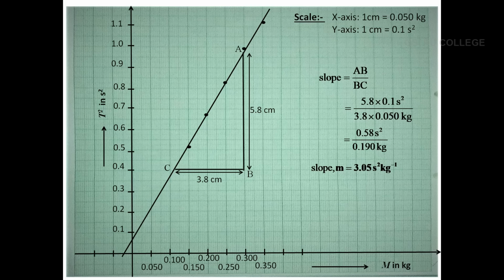Now we have to substitute the value of this slope in the formula for spring constant. Let's do this. Yes, we have a formula for spring constant. K is equal to 4 pi square by m, where m is the slope we have calculated in the previous section. Let's substitute this. 4 into the value of pi is 3.14, squared, divided by, in the denominator, m.